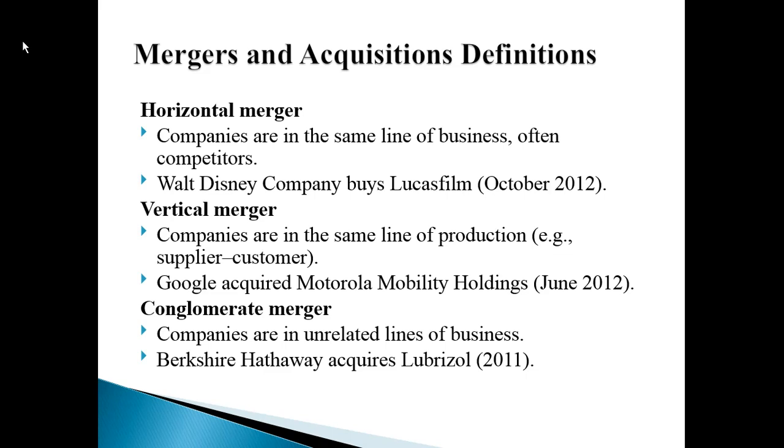And then we have conglomerate mergers. So in a conglomerate merger, this is when companies in unrelated lines of business, okay, they are not in the same line of business, they are not in the same line of production, when they come together and form one company, okay, that is what we call a conglomerate merger.